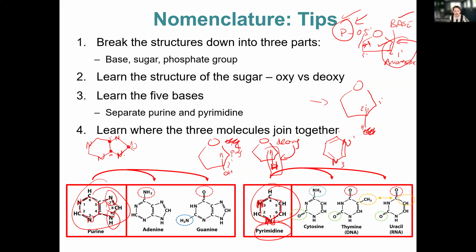And then once you've got the structures of the purine and the pyrimidine committed to memory, then you can learn the differences between them. So adenine, I remember A for amino, so it's just got an amino group attached here at the top. Whereas guanine, I remember guanine is the other one.